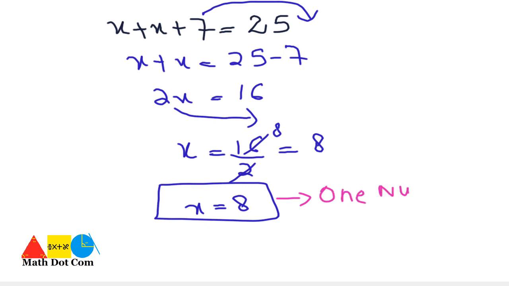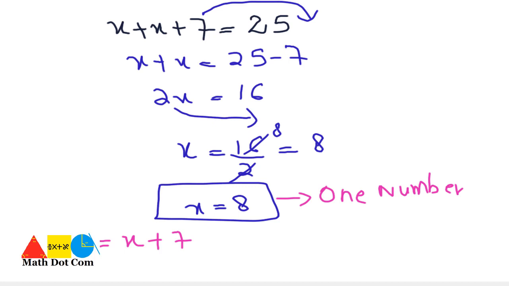There were two numbers in the statement and we have to find both. One number is x equals 8 and the other number exceeds x by 7. As we formed before, y is equal to x plus 7.